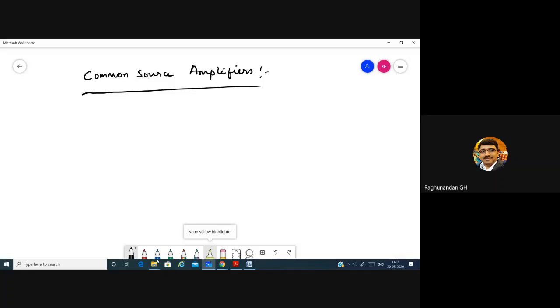Overall, whatever amplifier we are going to study, common source, common drain, the main intention is that we write the circuit and explain it. And in the same way in the exam also, these are the steps that need to be followed.